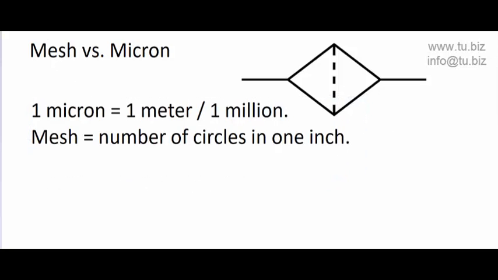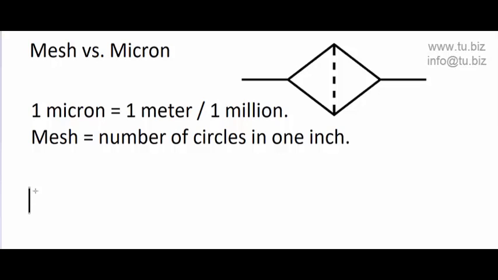So let's say that you have 1 inch in here. Let's say this is 1 inch. One mesh is the number of circles that can fit inside that 1 inch. So a 1 inch diameter circle would be one mesh.